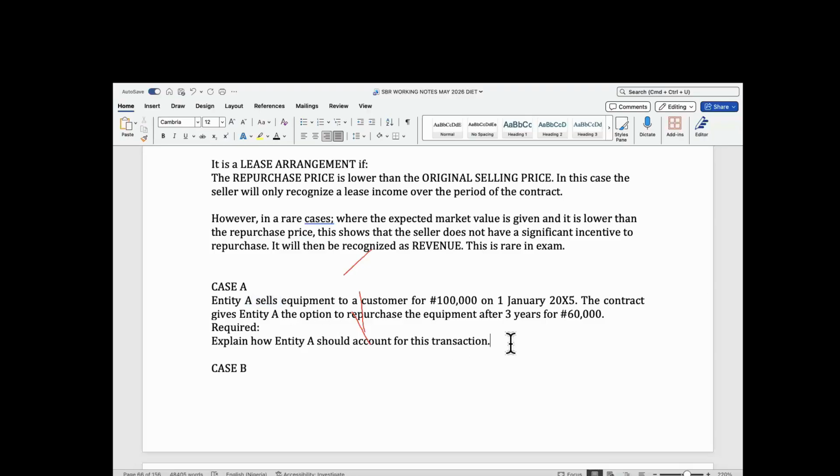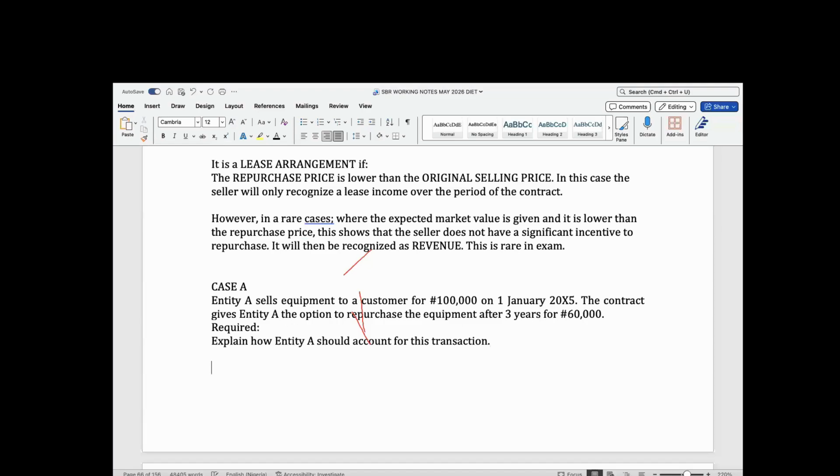In this case, the contract does not require entity A to repurchase, it just gives him the option. That's what we call an option. It's different from a forward contract where he must. This one he must not, it is a right. You have the right if you want to.